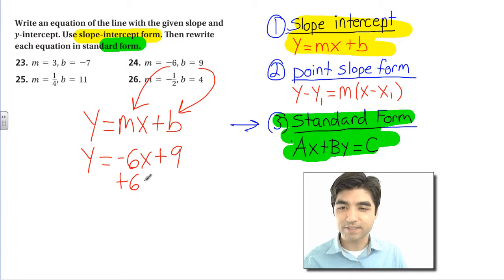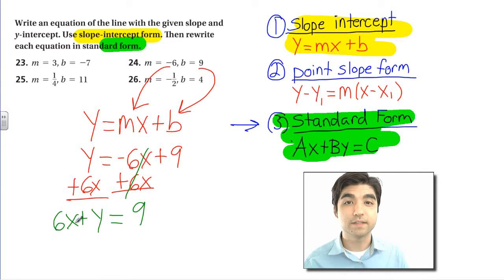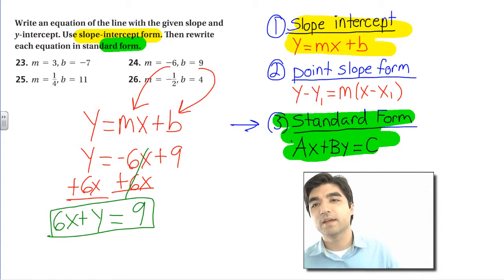Move the x to the other side. And then that makes the x's cross out on that side, and you just have 9. And then you have 6x plus y. So since the coefficient in front of the x is positive, we can leave it like that. So that would be the answer for number 24.